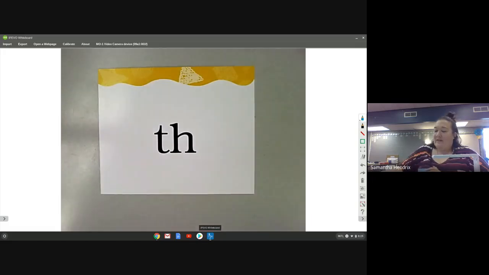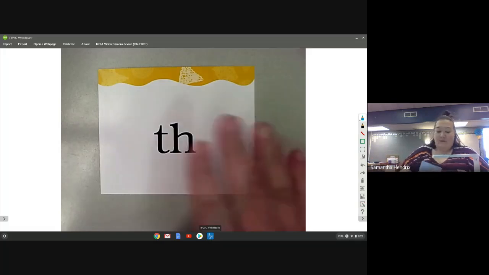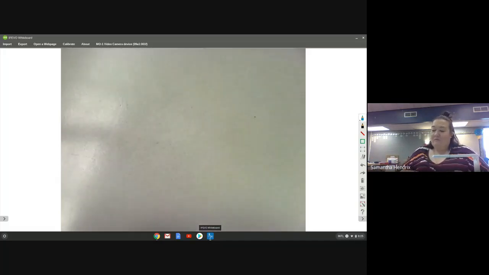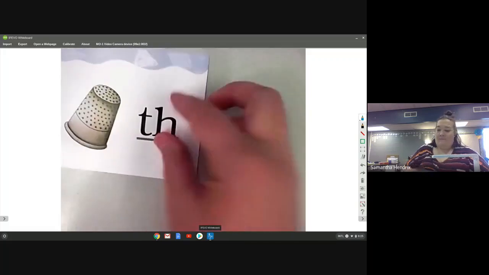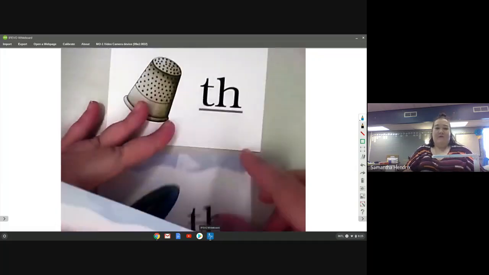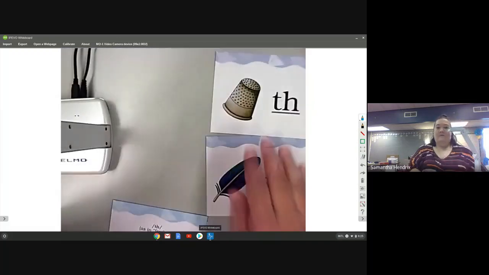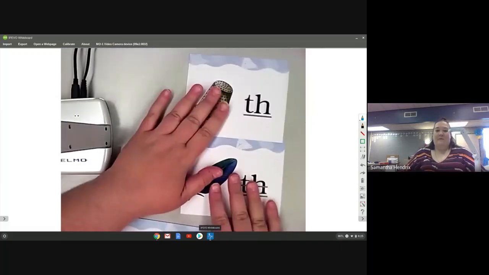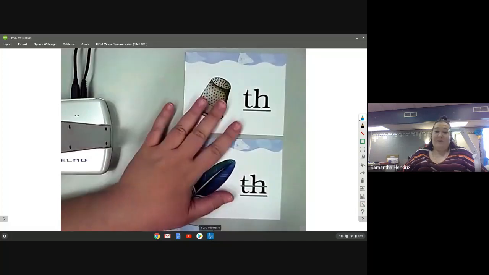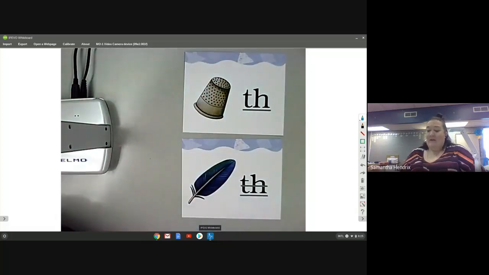So we call this digraph TH. Great job. So our keywords are feather and thimble. We have two because we have voiced and unvoiced.